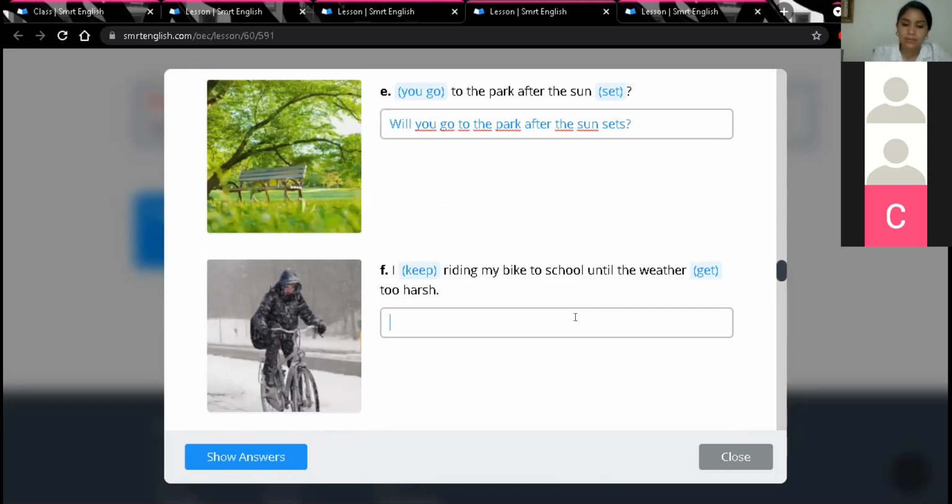I will keep riding my bike to school until the weather gets too harsh. What does harsh mean?